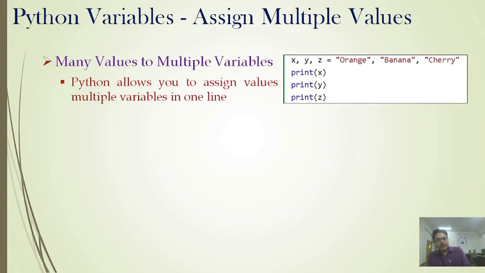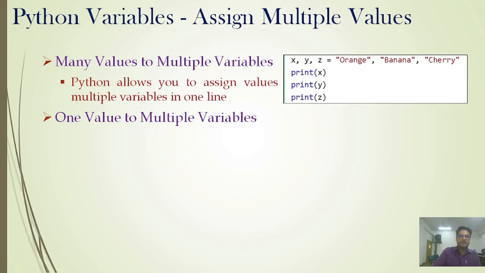Second is y, so y equals banana, and the last one is z, which equals cherry. And we can print x, print y and print z to know the values inside x, y and z. In such a way we can assign multiple values.